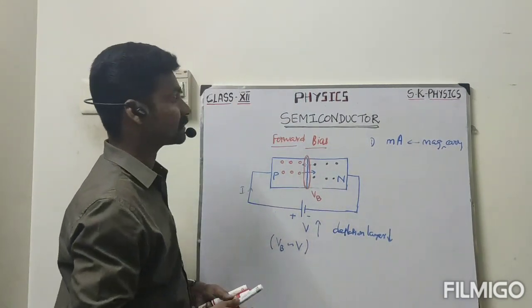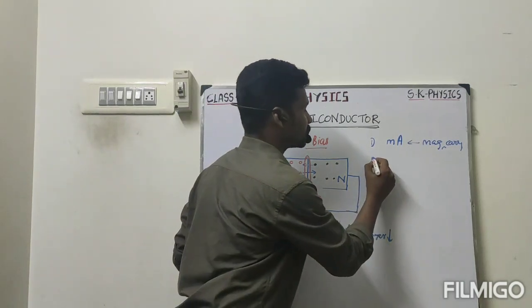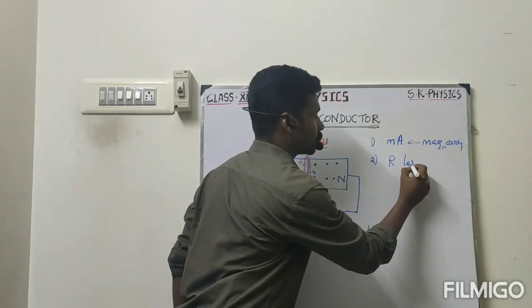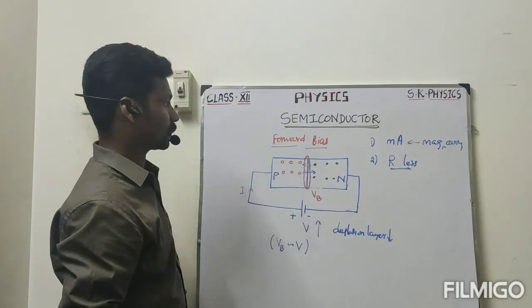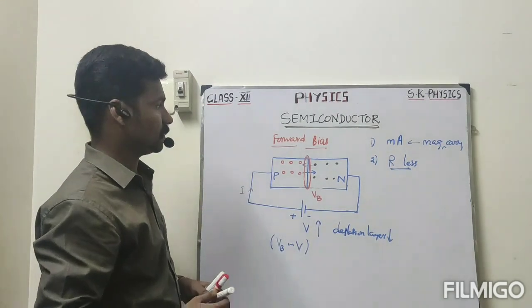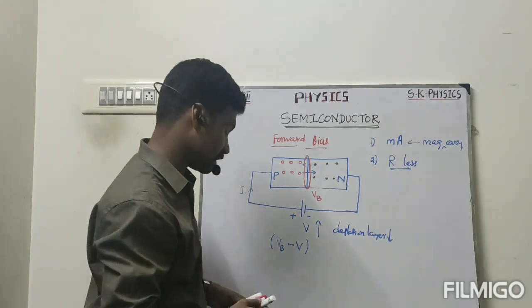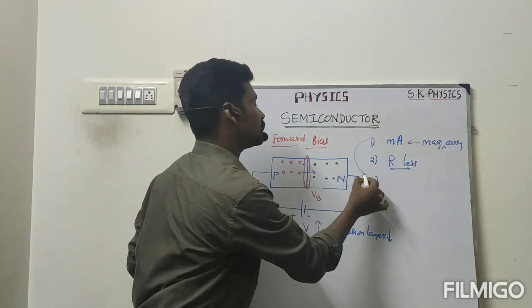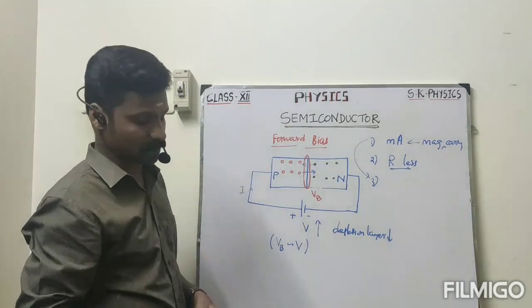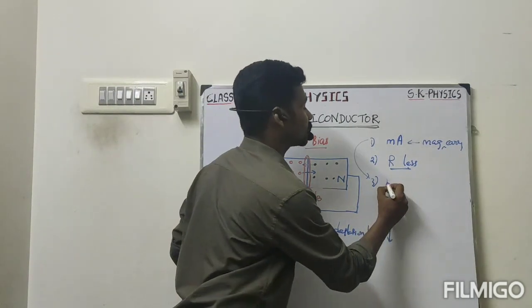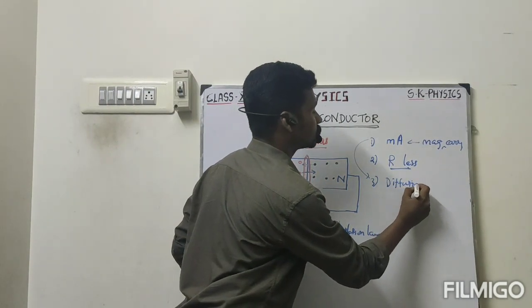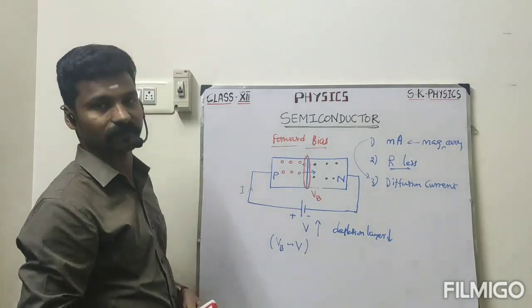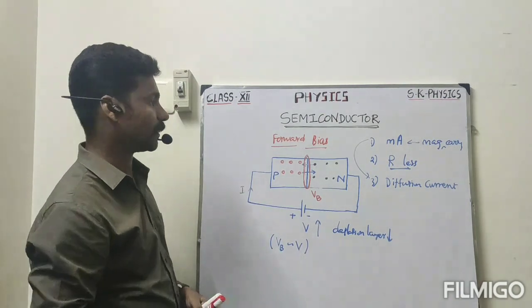Next one is about its resistance. This resistance value is very less, comparing with reverse bias, which will come later. So its resistance value is less. And the third one, here we get milliampere current due to the diffusion process, so we can say that is known as diffusion current. Due to diffusion current only we can get this milliampere level current.